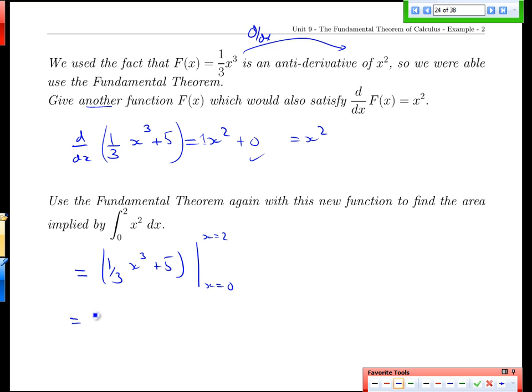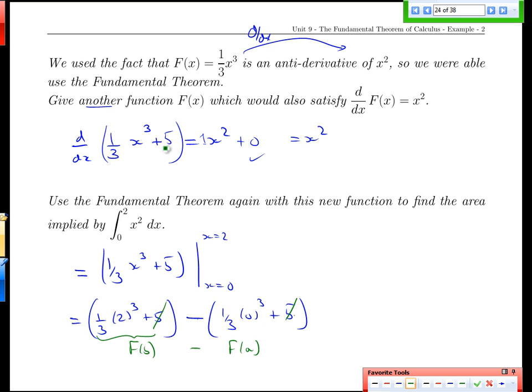And that will be 1/3 2 cubed plus 5 minus 1/3 0 cubed plus 5. And what we notice, thankfully, is that this 5 is going to get canceled perfectly with the negative sign, because we're doing the difference of F of b minus F of a.